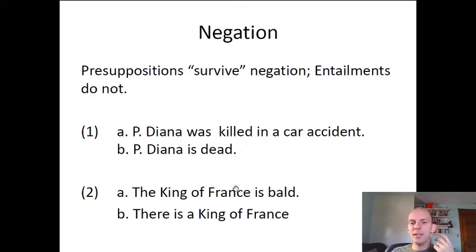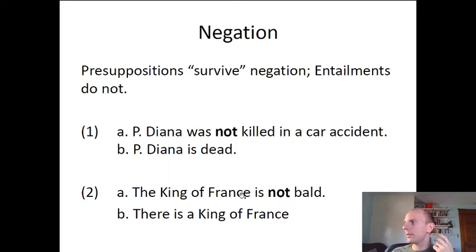Or I change the sentence to a negated form, like the King of France is bald to not bald, and I still know B is true. Then you're going to tell me that's a presupposition. That's just a quick look at how you actually run these tests.